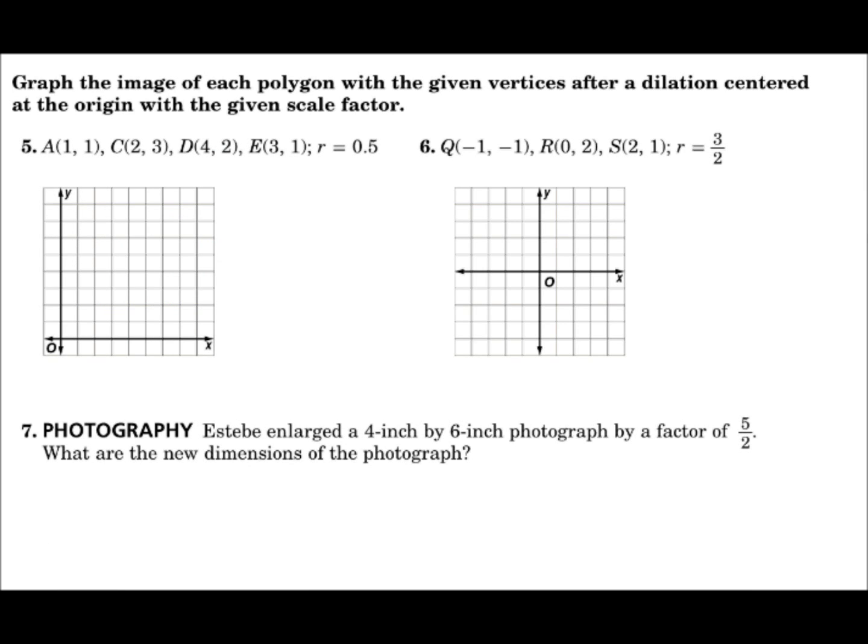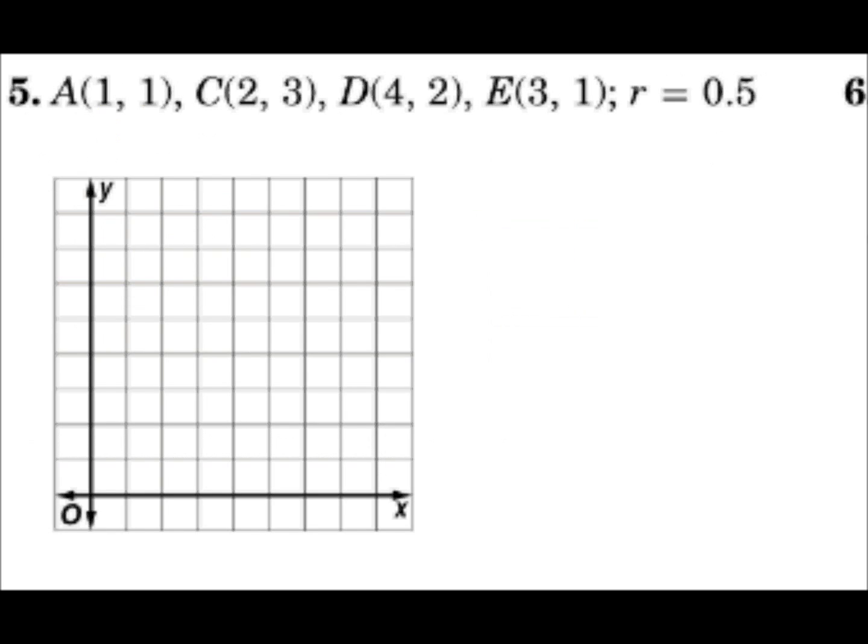Graph the image of each polygon with the given vertices after a dilation centered about the origin. So the center will be the origin with the given scale factor. I'll draw the pre-image in green. Point A is (1, 1).